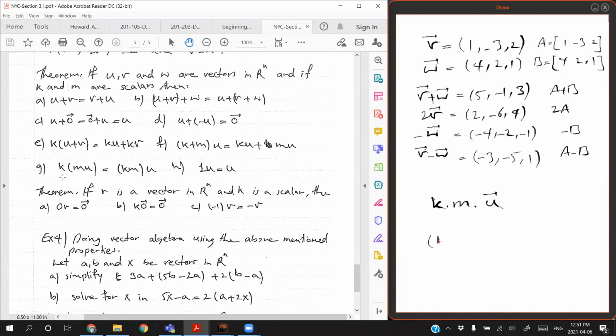So you can multiply k and m first, and then multiply that with u, or you can do the mu first, and then multiply that by k. You're going to get the same answer. And finally, if I multiply 1 and u, I'm going to get u. That is, 1 is the neutral member when it comes to scalar multiplication.